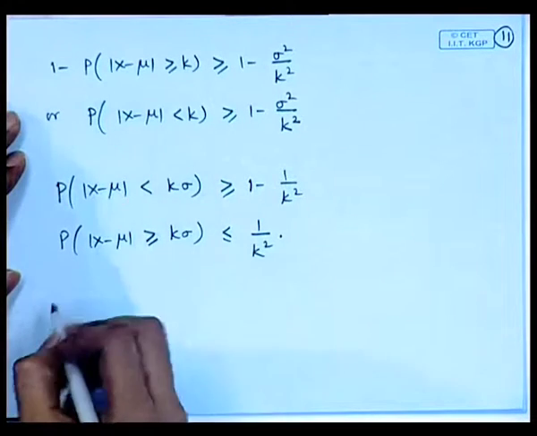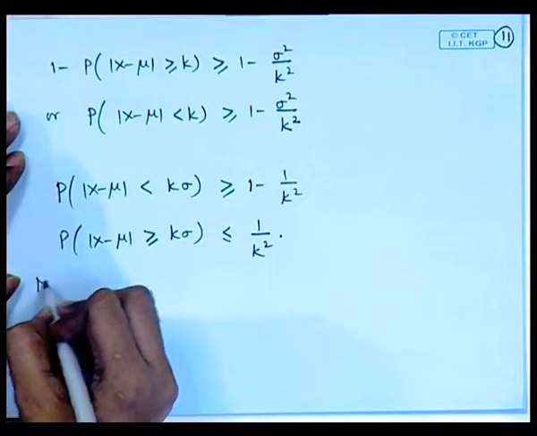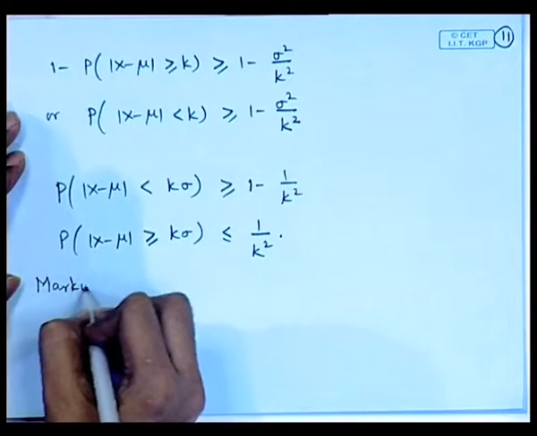A more general inequality of the same type is called Markov inequality.